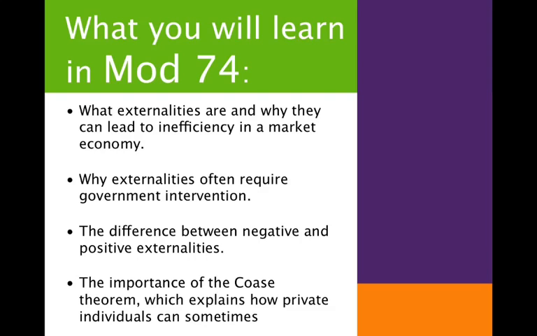Efficiency can be gained if pollution can be reduced from the quantity produced by the unregulated market to the point where MSC equals MSB, to get back to socially optimal.